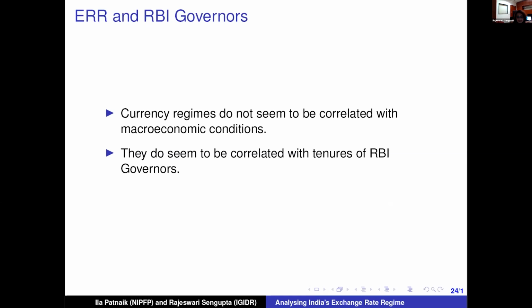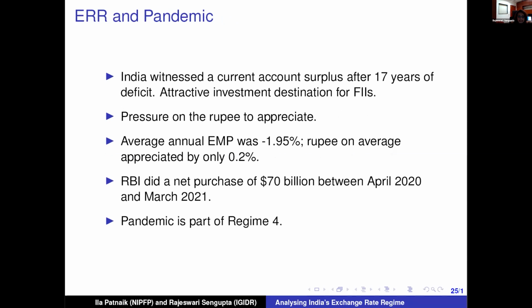But what we do find instead is that the exchange rate regimes seem to be correlated with the tenures of RBI governors. And this is something that I'd also found earlier in research on monetary policy. I found it very fascinating that every time there is a change in the exchange rate regime, there is also a change in the RBI governor who's in power. We have 2004, 2008, and 2013, and that just jumps out from the data itself.